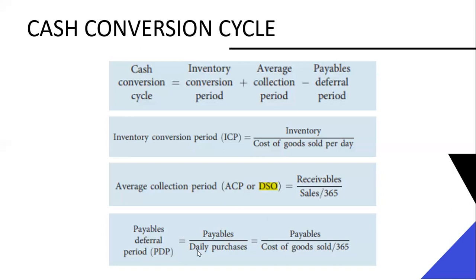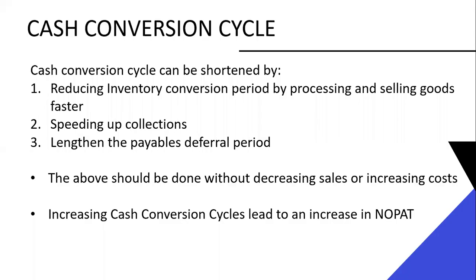And the payable deferral period is taking your payables and dividing it by your cost of goods sold divided by 365. So again, this is just plugging in numbers into these formulas, but it's very important for you to really understand on a high level when we're talking about cash conversion cycles, what they're all about and why companies need to worry about them.